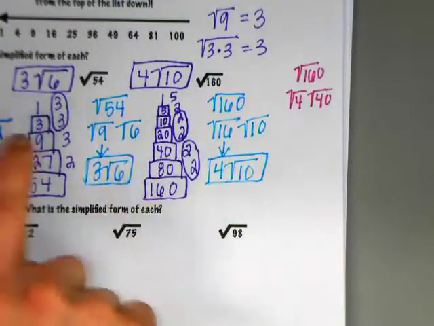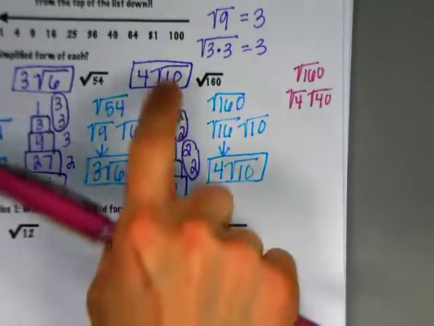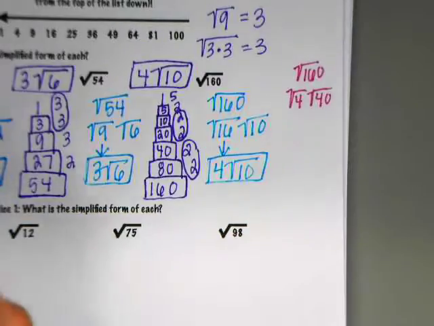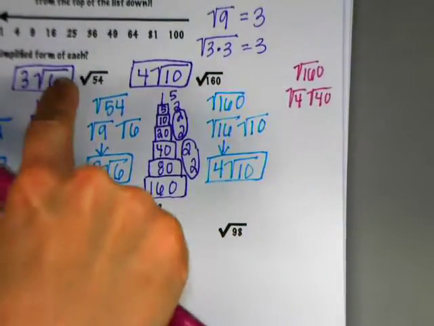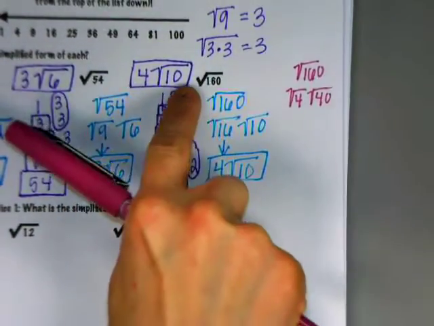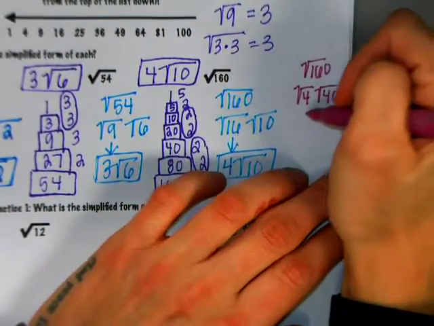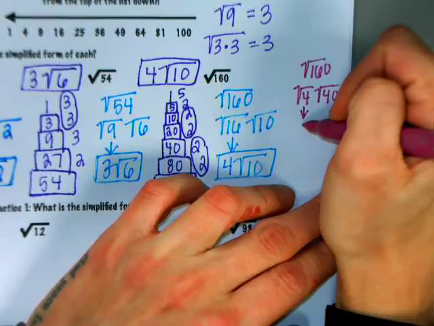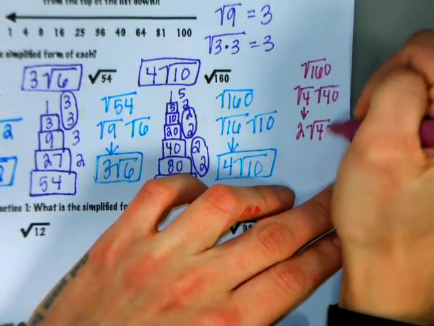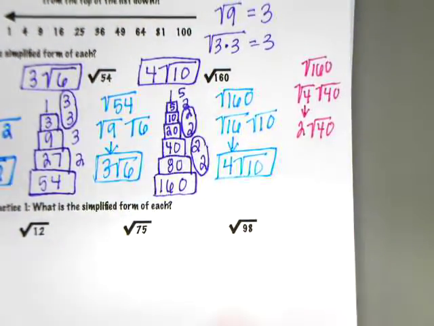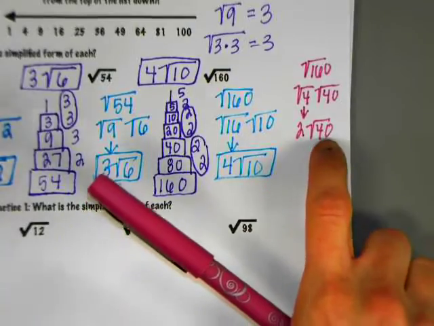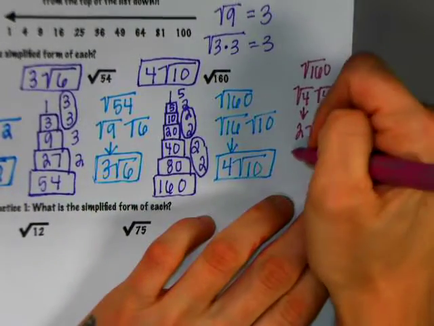And you'll start to recognize there's only a certain amount of numbers that are done numbers, like 2, 3, 5, 6, 7, 10, ones that aren't divisible by any of those. Okay? So here, if you do accidentally do this, what's the square root of 4? You don't have to start over. You can just keep breaking this one down. So which of those numbers is the biggest that goes into 40?